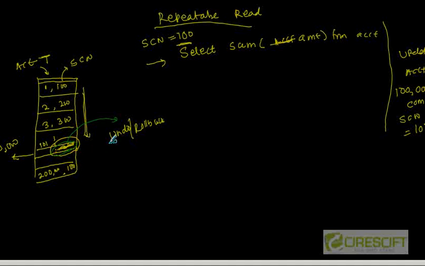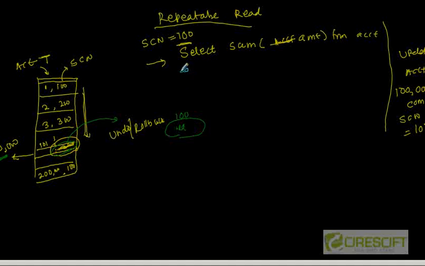So this is something different because Oracle maintains all those old values. Whenever an update happens, we also maintain the new value and the old value that was there. That means somewhere in the undo segment we have the old value of this 100,000, the old amount, and with that old amount we have the SCN number 100. So it goes there, reads the old value, and finishes this query.